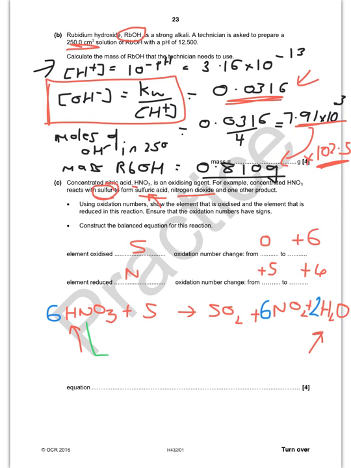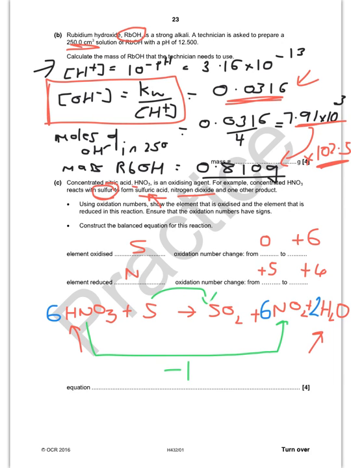Now we've said that the nitrogen goes from +5 to +4, so that's a change of -1. But sulfur there goes through a change of 6, rather. So you notice I made a little bit of a mistake there.